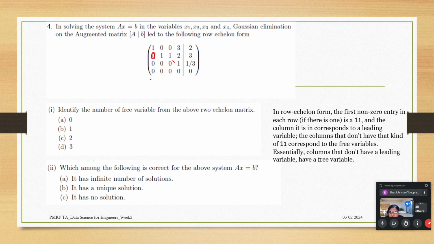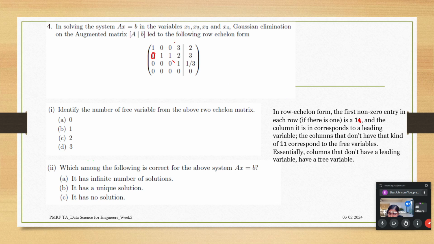In row echelon form, the first non-zero entry in each row is a 1, and the column it is in corresponds to a leading variable. So these are all leading variables.